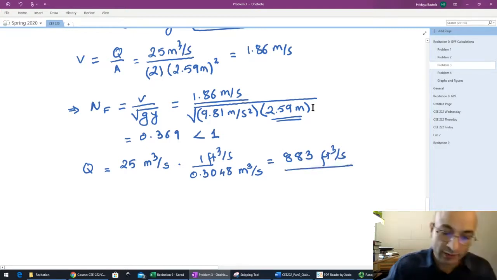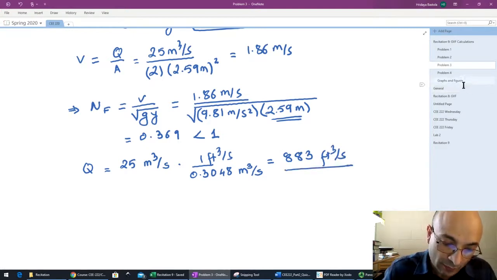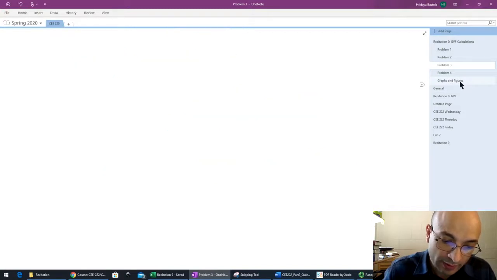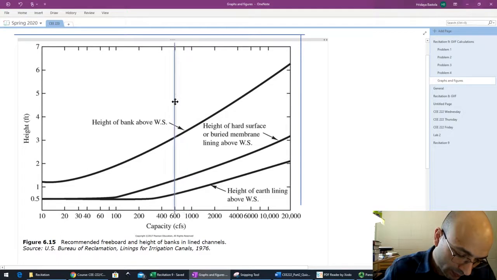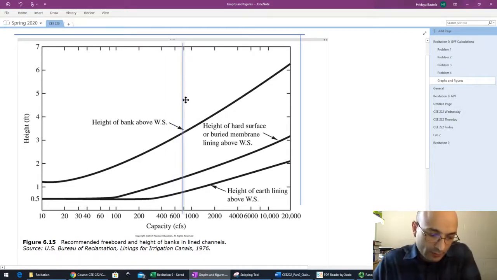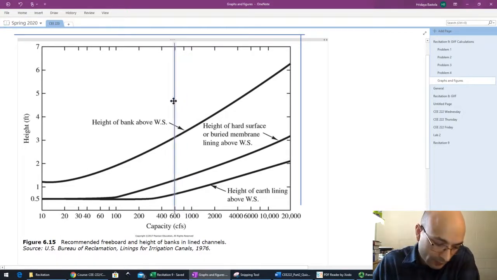And using this Q value, we can estimate the freeboard height from this figure. 883. Using my virtual ruler here, this is 600, that's 800.